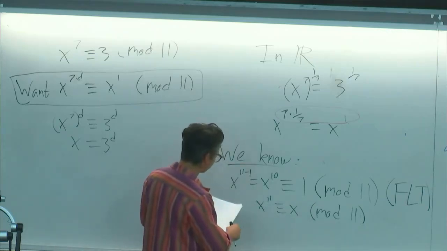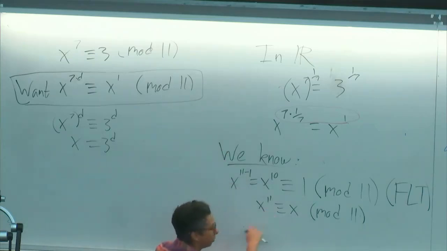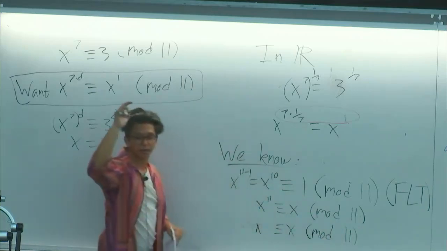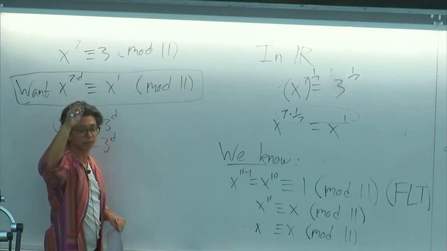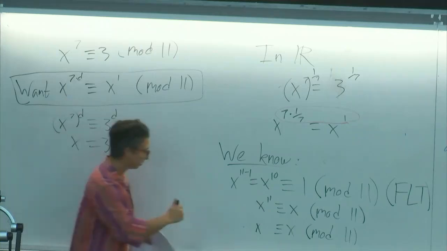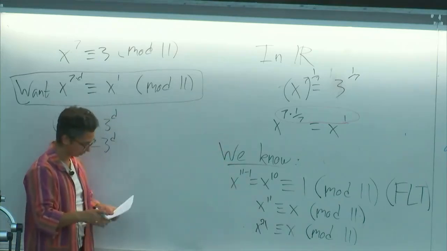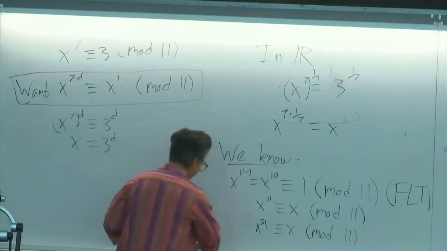But what else will make this true? This isn't so obvious. But x to the what else will be congruent to x mod 11? Any guesses there? Yeah. Right. We have 21 here. Why does 21 work?